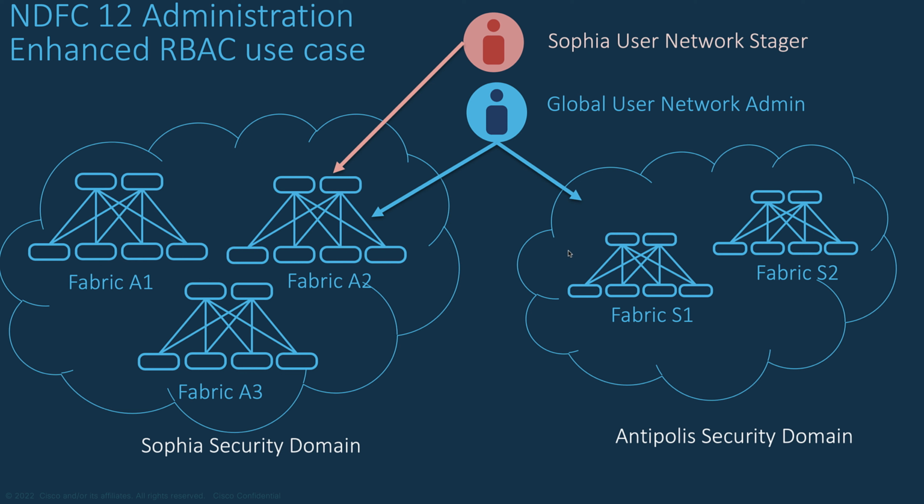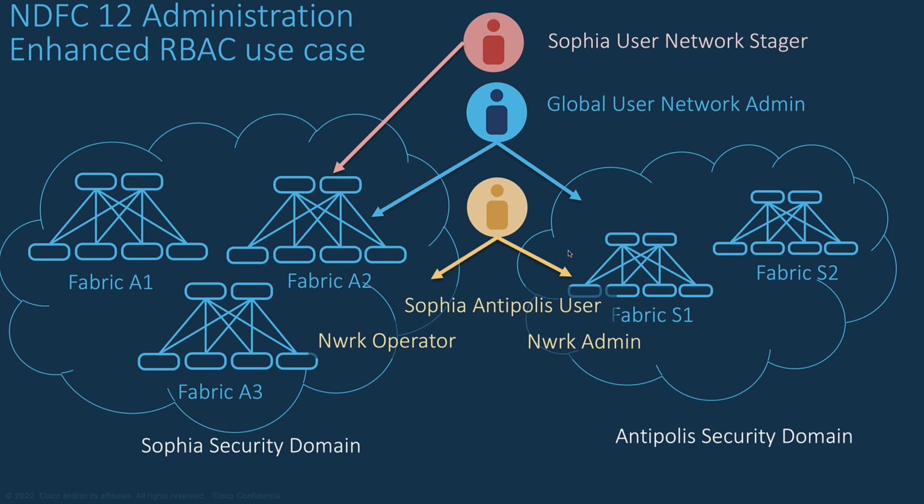However, he has no access to any of the other fabrics that belong to the security domain Antipolis. In this third scenario, the user Sophia Antipolis is a network operator for the security domain Sophia and is a network admin for the security domain Antipolis.